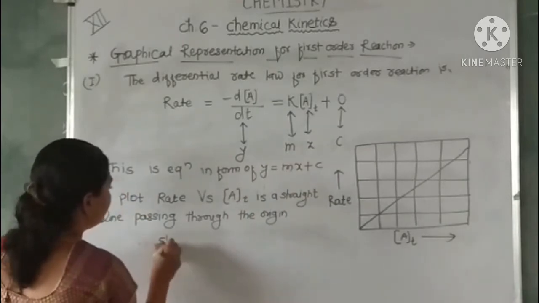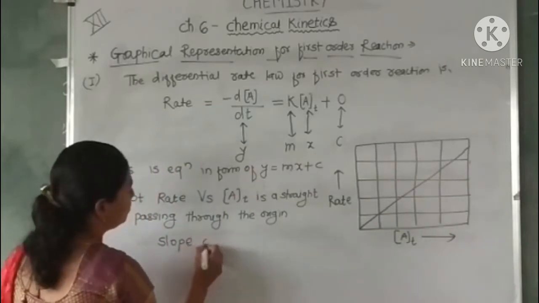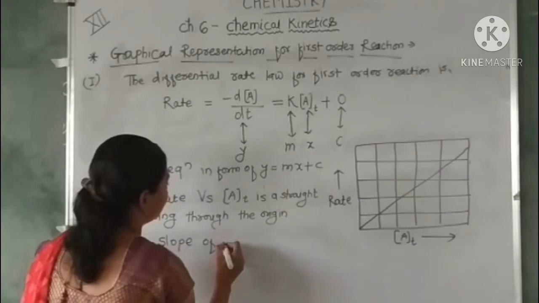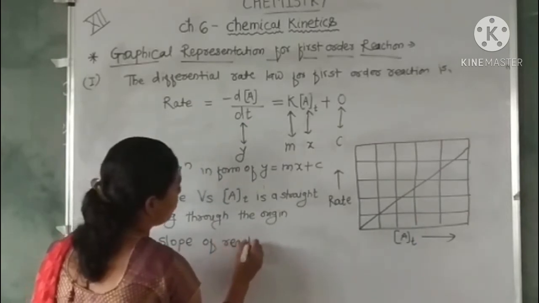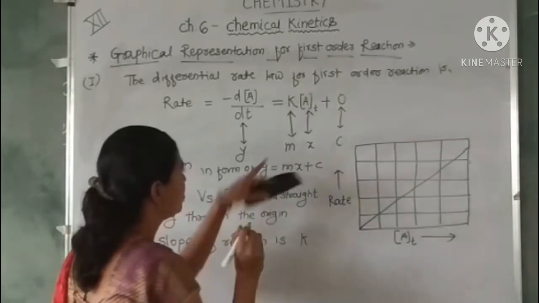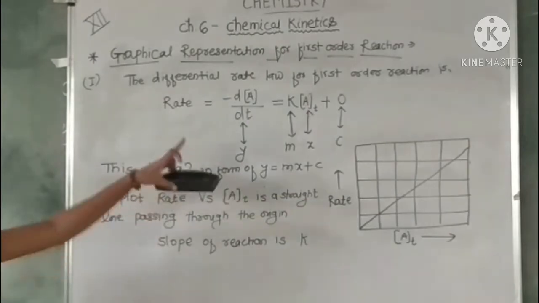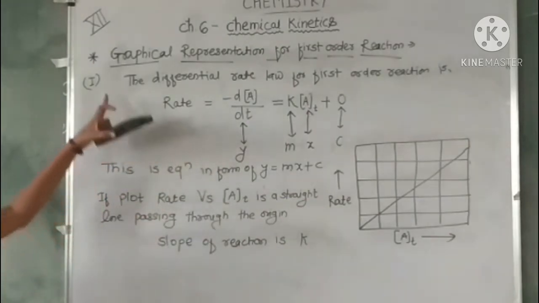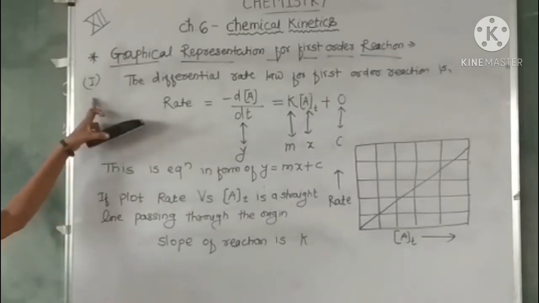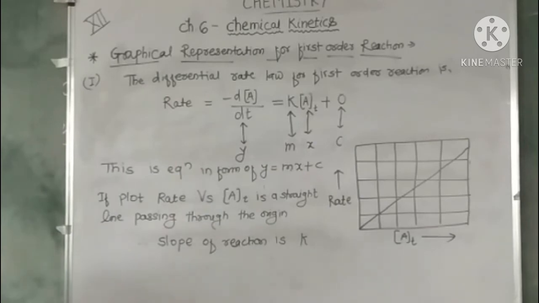Therefore, from this equation we can calculate the slope of the line. The slope is k, because m represents the value of k. This is the first graphical representation for first order reaction.